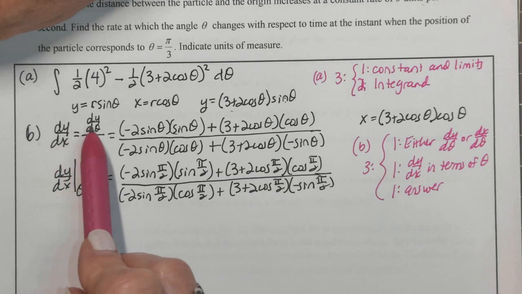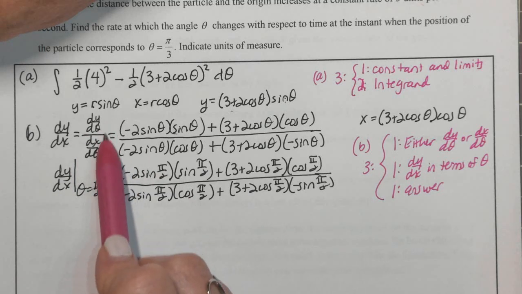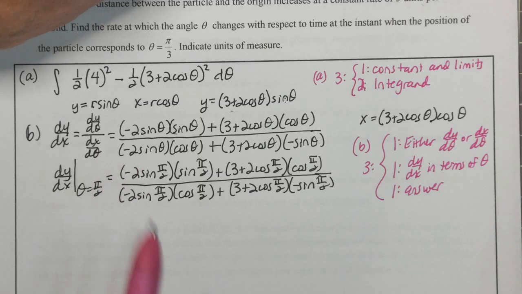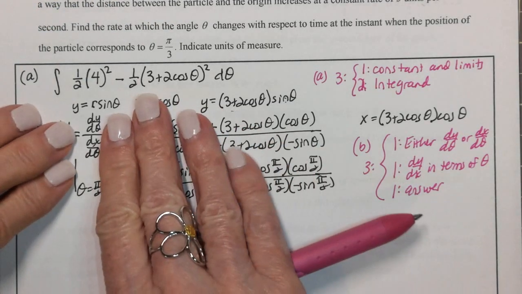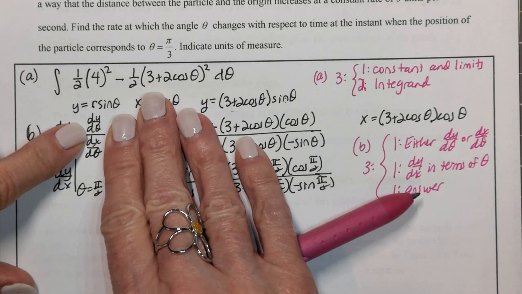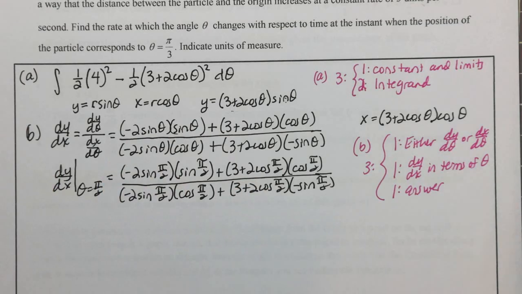We cannot say that this is equal to that without saying it's at theta equals pi over 2. Because this expression has thetas in it. This expression does not.